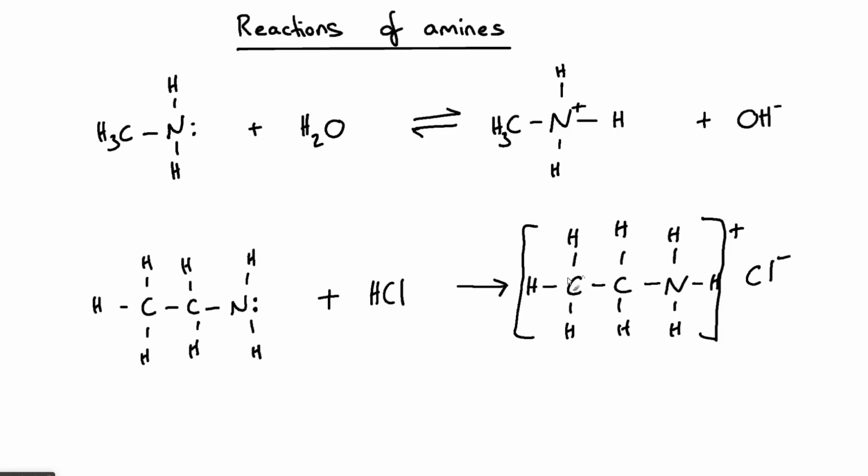So we'll form this species here, which we could call ethylammonium chloride. The point here is that the reaction taking place is the reaction of an amine acting as a base, reacting with the acid, accepting the hydrogen ion, which is what a base does, and forming this species here. We could call it ethylammonium chloride.